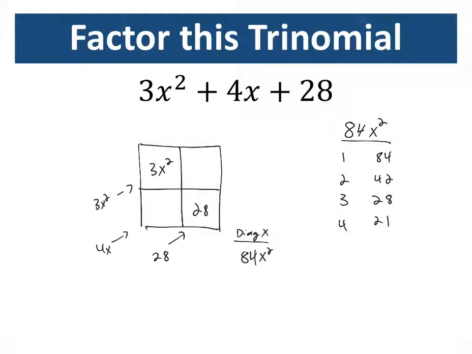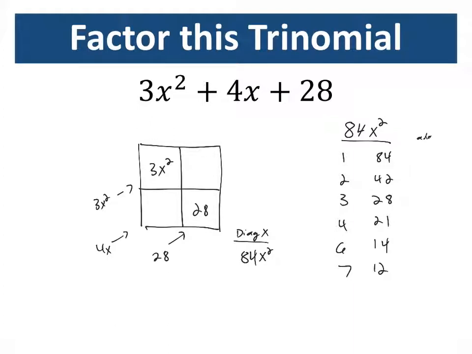84 can't be divided by 5. Let's try 6. 6 and 14. 84 divided by 7. I don't think that's going to work. Oh, yeah, 7 and 12. 84 divided by 8. Doesn't work with 8. 84 divided by 9. Doesn't work with 9. 84 divided by 10. Nope, that doesn't work. Okay, we're out of options. So let's see.